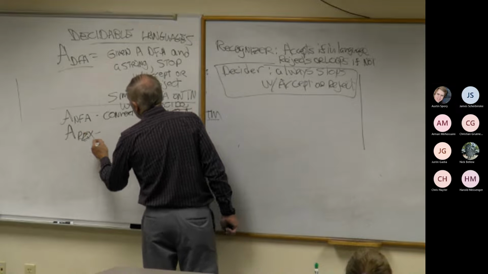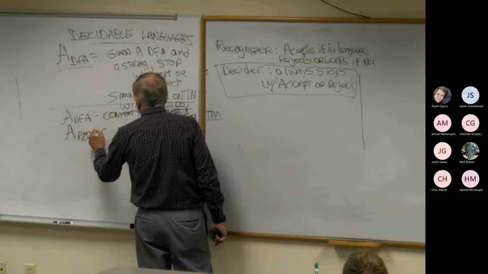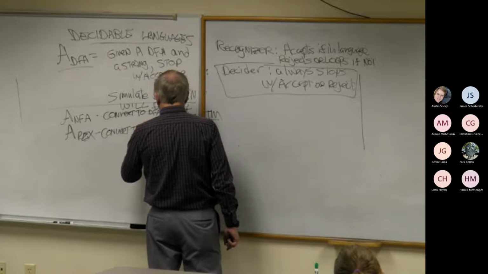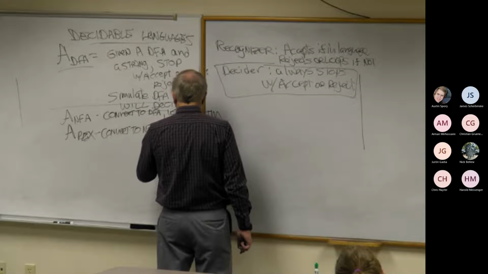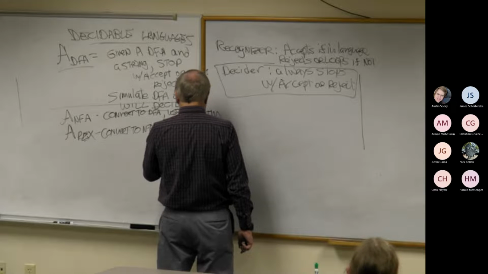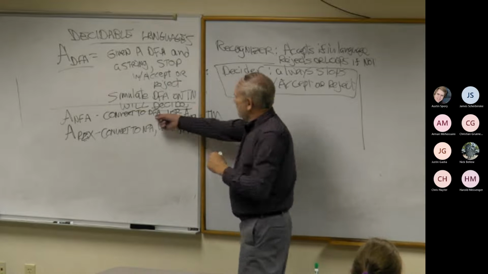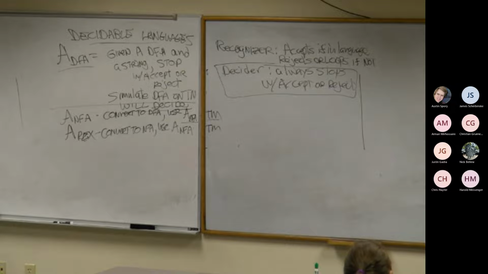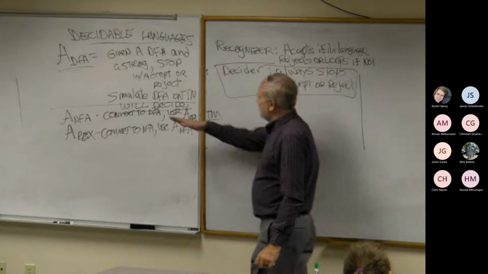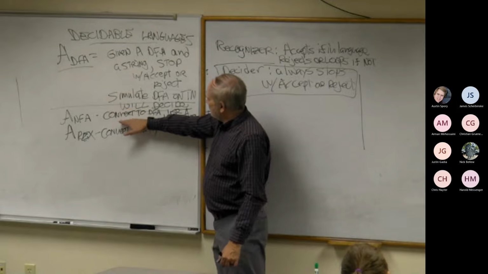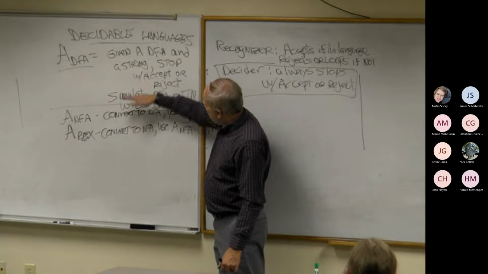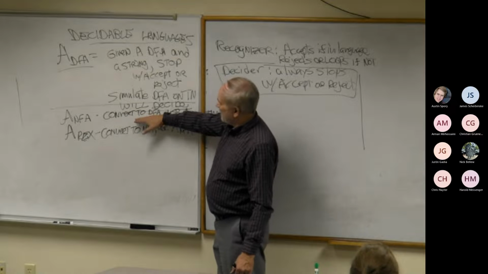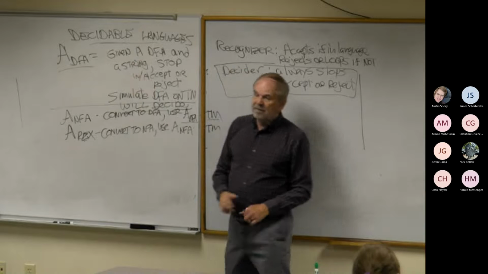Or for the regular expression, convert to NFA, and then use this Turing machine, right? We have some dependency here, but we started with the base of, we know we can do this, so let's convert this to a DFA and then run that. Convert this to an NFA, then go through this process, and we end up running a DFA to accept it.